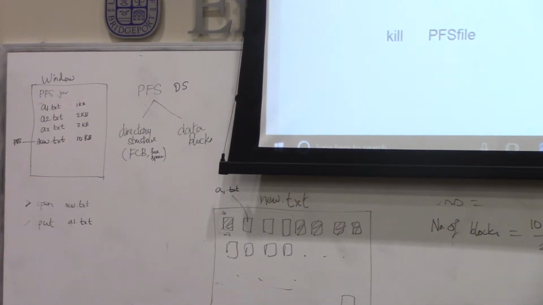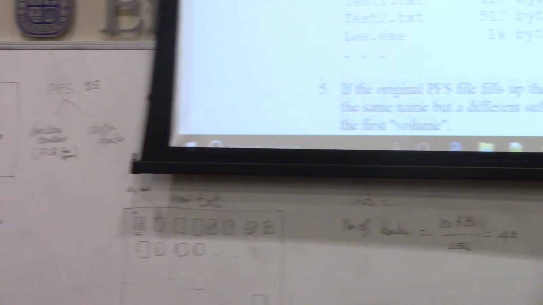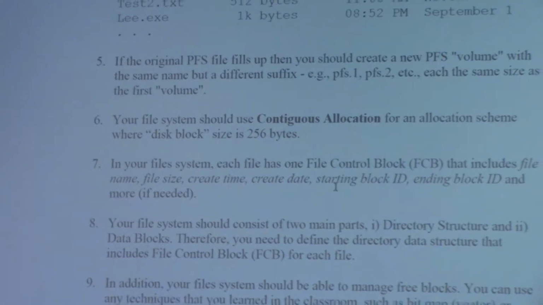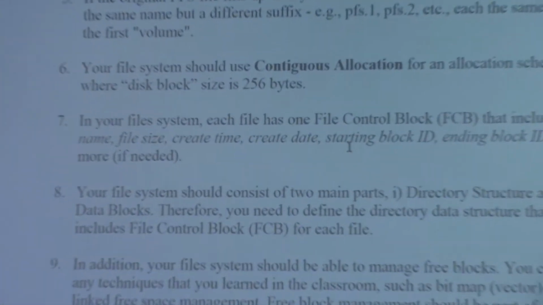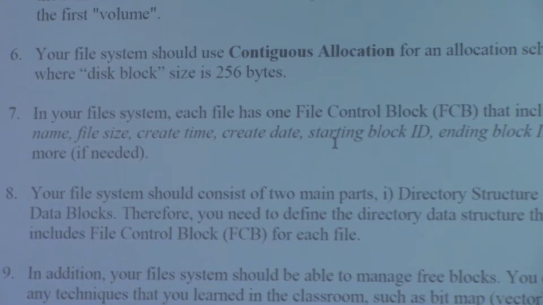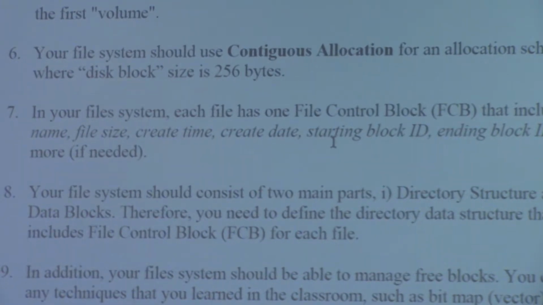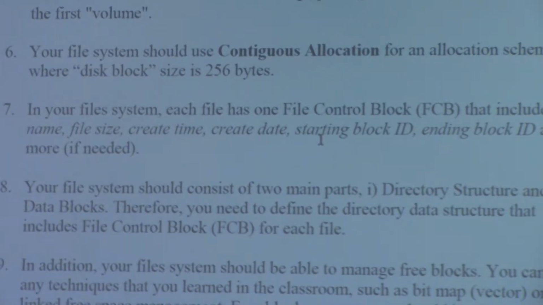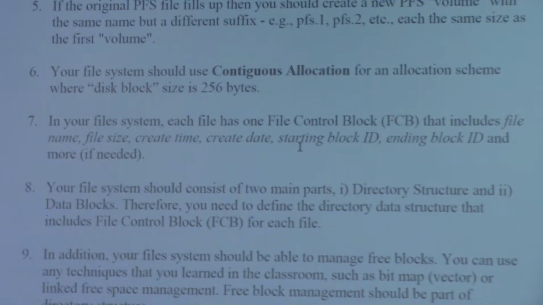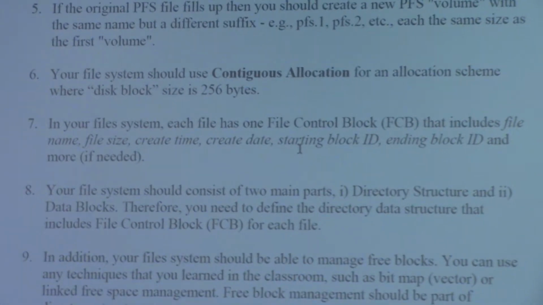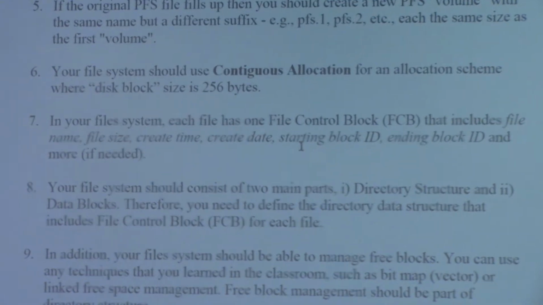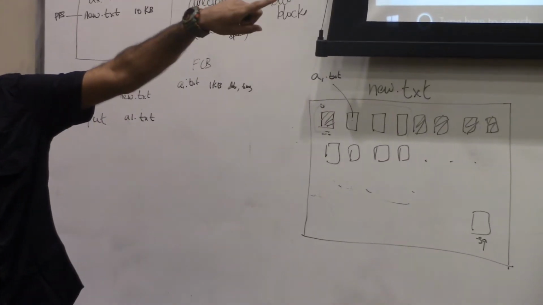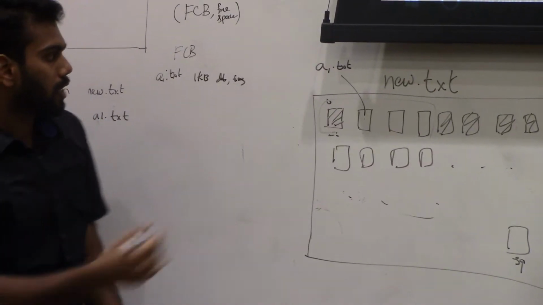And for the FCB, you should write the information like the file name, which is a1.txt, and the size, which is 1 KB, and create date and time, and the starting block ID and the ending block ID.